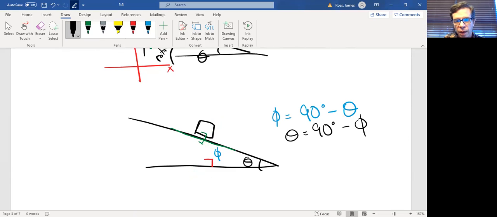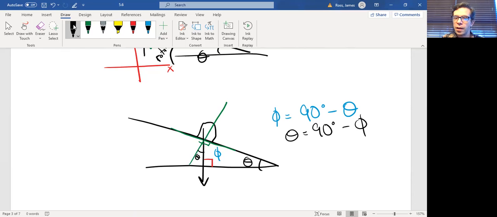So I can now say, oh no, I erased it. There's my block. There's my force of gravity. There's my coordinate axis and my right angle. So I can rearrange my equation, and this is still true. I can take this right angle minus phi and get theta.